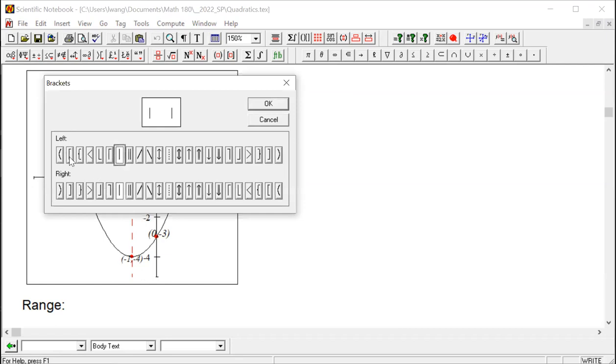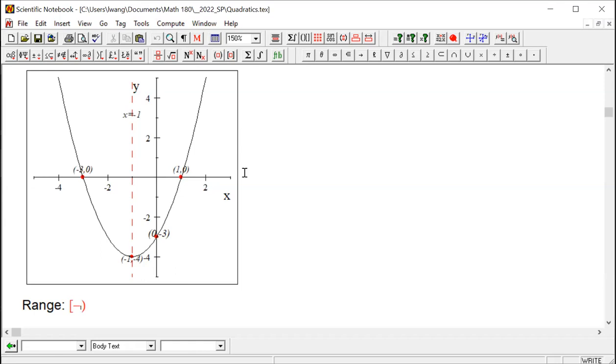I'm going to give you a variety of ways of expressing the range, okay? It's -4 to infinity. This is probably something you have seen before. It's useful, but it's not the most useful. So what is the most useful? I like to give you the most useful form.